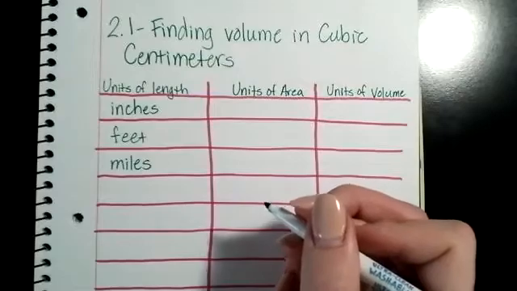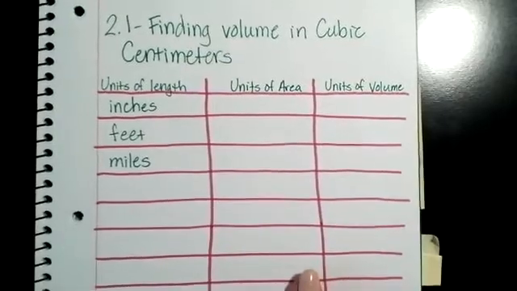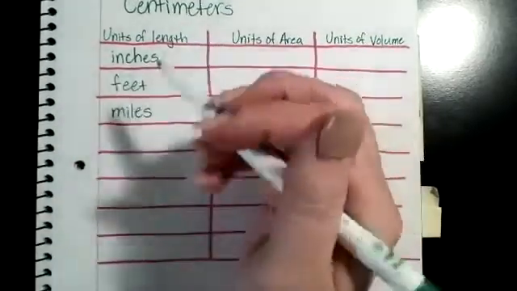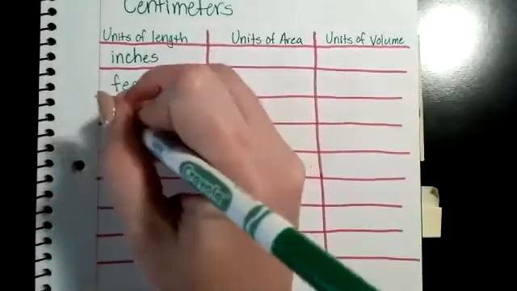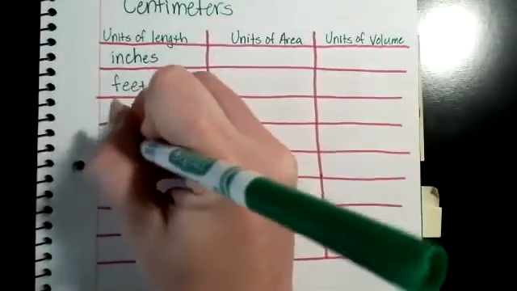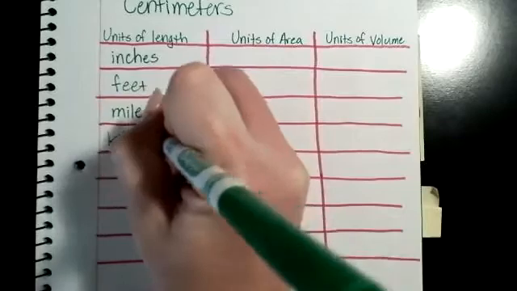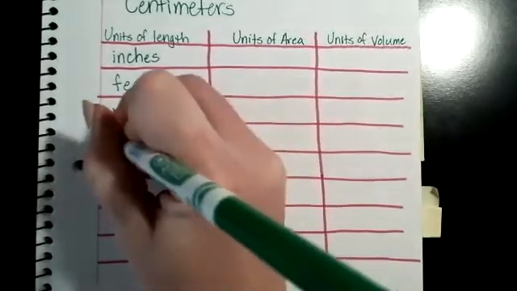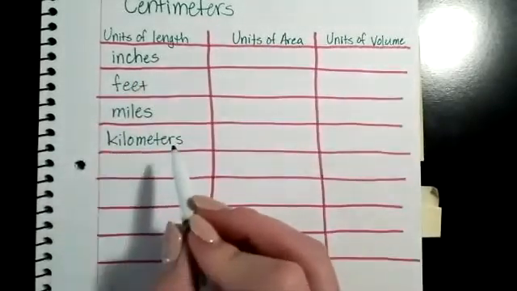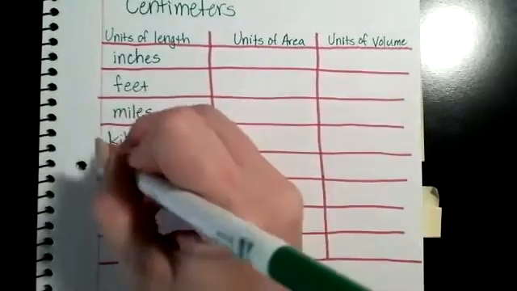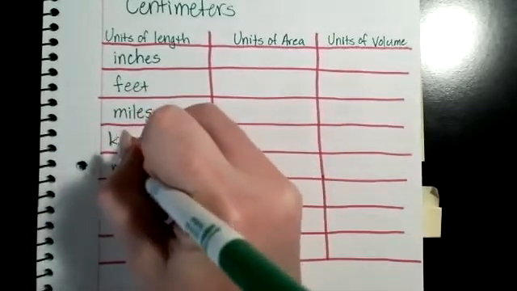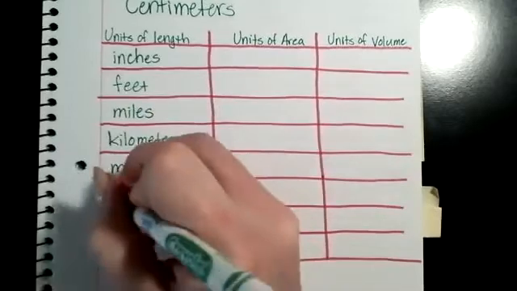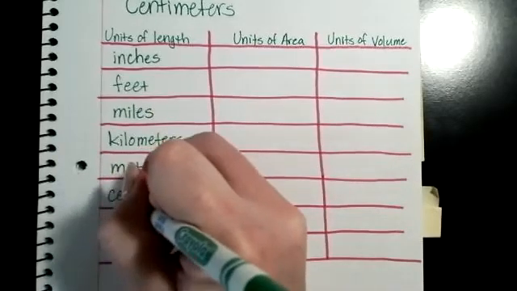Or if you're doing a different type of measurement, if you're doing long ones, you might use kilometers. And then also using metric units, you could do meters. You could use centimeters. Those are much smaller.